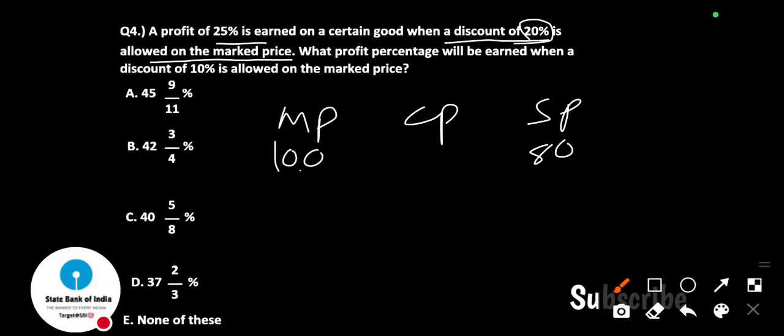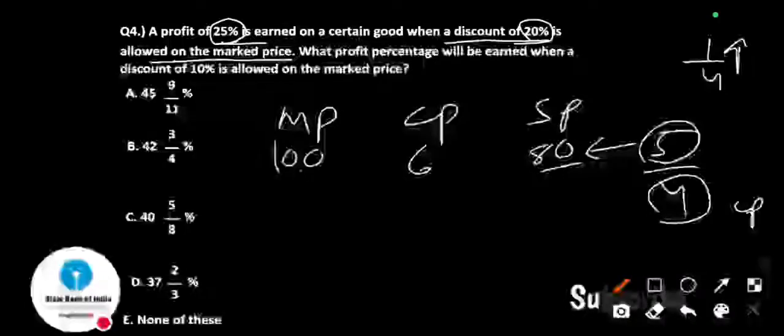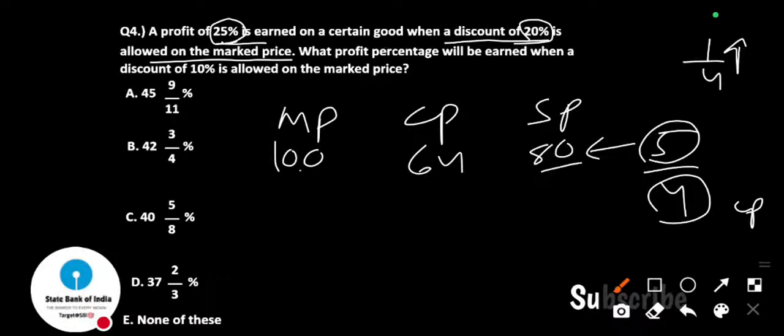It says that after selling it gained 25%. So this 80 is 25% more, meaning 1/4 more, so 5/4. 5 parts value is 80, so 4 parts value, which is the cost price, is 16 times 4, 64.